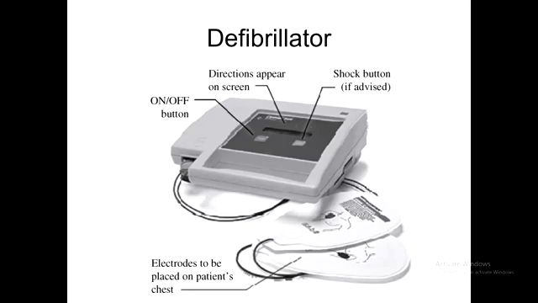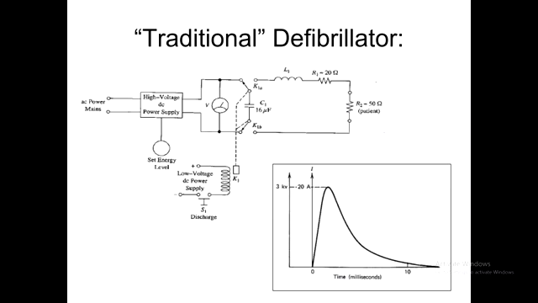Okay. So here's the traditional sort of defibrillator, the old style one. And what that involved was charging up a capacitor here. And when it's switched in, it's a CLR circuit.